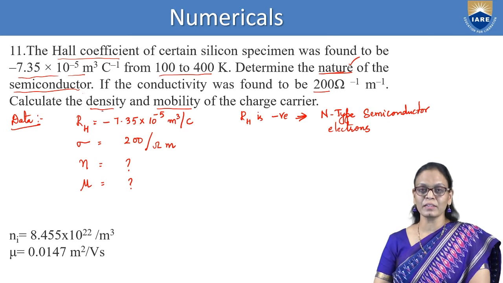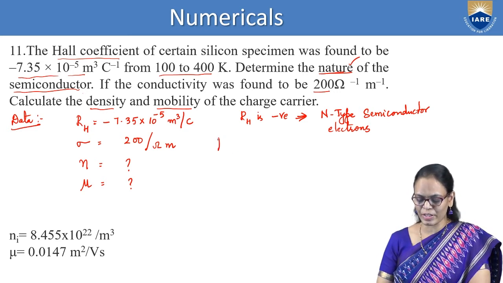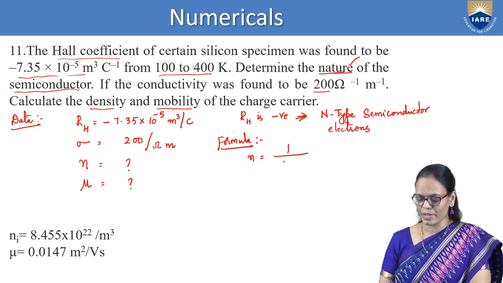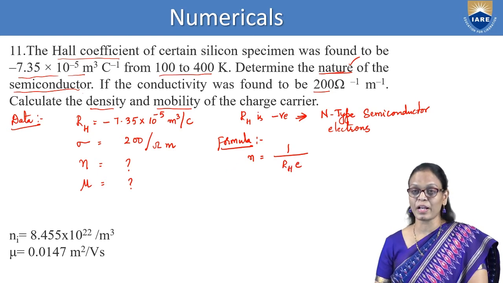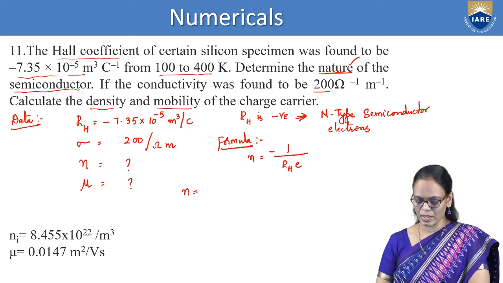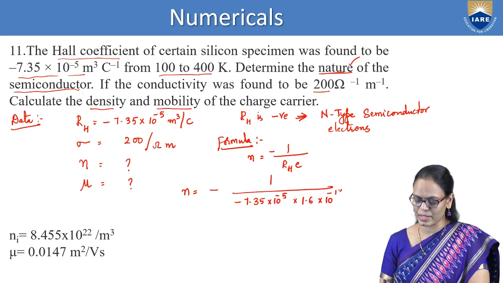Then we will calculate the density. The formula we will use for charge carrier density: N is equal to 1 upon RH into E. Again the same way, for N we have minus 1 by RH into E. So N is equal to minus 1 upon the value of RH, minus 7.35 into 10 power minus 5, into E, which is 1.6 into 10 power minus 19.